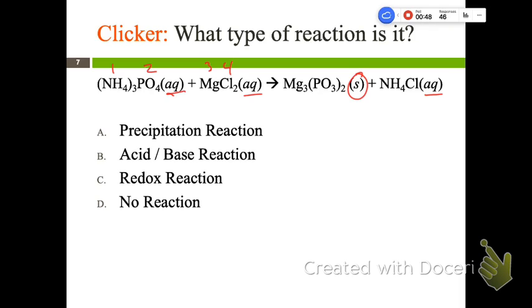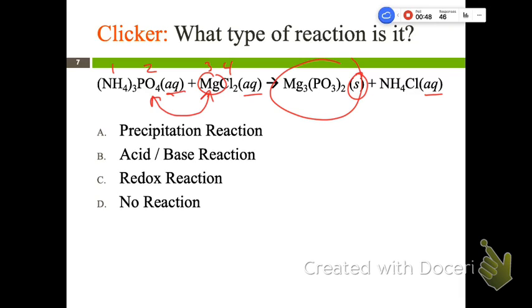And when they're allowed to move around in solution, they bump into each other. When the magnesium bumps back into the chloride, nothing happens. But when the magnesium bumps into the phosphate, then they're going to form a solid, and they're going to form a precipitate. So anytime we see aqueous, solid, aqueous, can be precipitation?